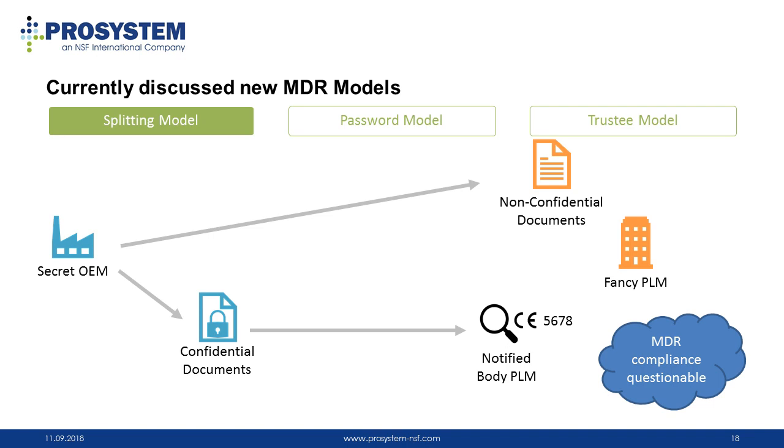You've got a non-confidential part, which is directly handed from the OEM to the PLM, and you've got the confidential part of the documentation, and this is supposed to be given only directly to the notified body of the PLM if they want to see it.